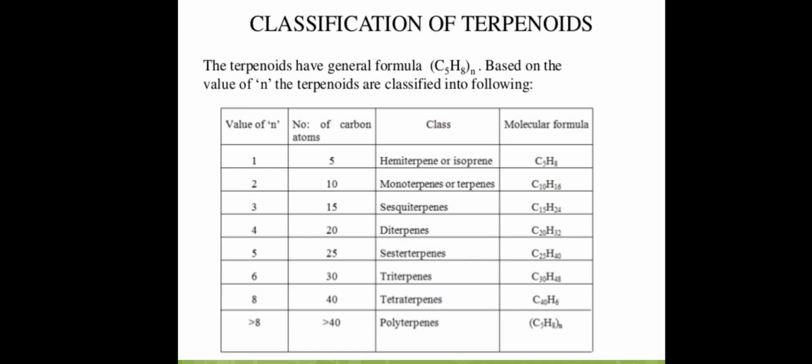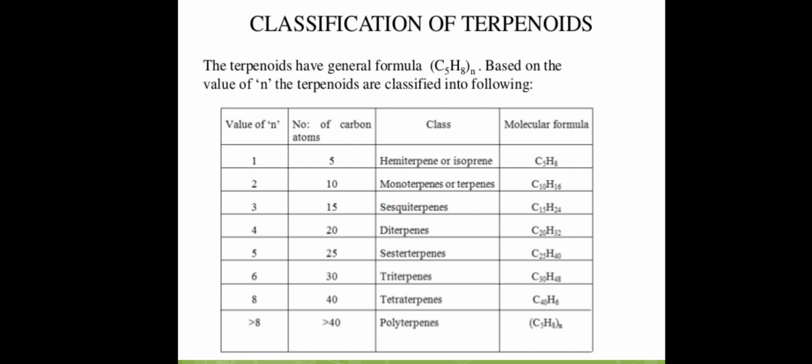This is the classification of terpenoids, which we already saw in the previous slide. The terpenoids have the general formula C5H8N. Based on the value of N, the terpenoids are classified into different classes: 5, 10, 15, 20, 25, 30, 40, greater than 40 carbon atoms.